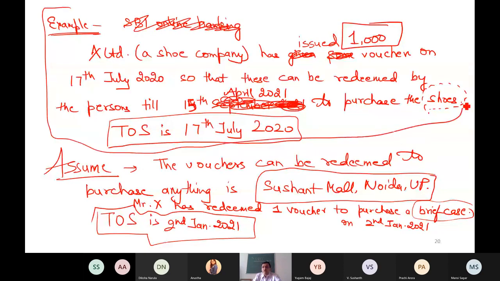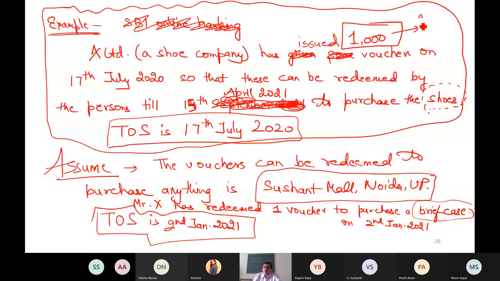But for example, 200 vouchers remain unredeemed. In that case, can I claim a refund? One thing is sure that initially I have to pay the entire tax on 1000 vouchers. But the question arises, as this supplier, can I claim a refund on these unredeemed 200 vouchers? I think the answer should be yes, but I cannot tell you the exact answer.